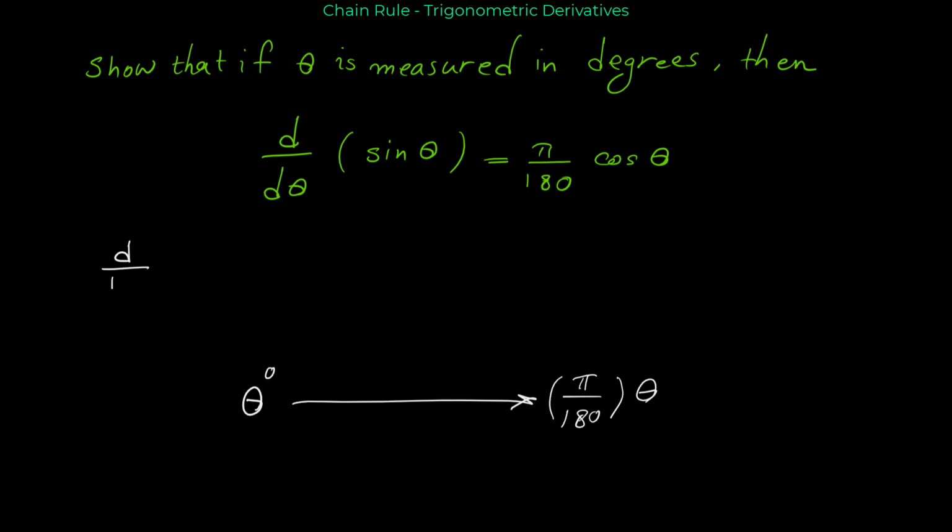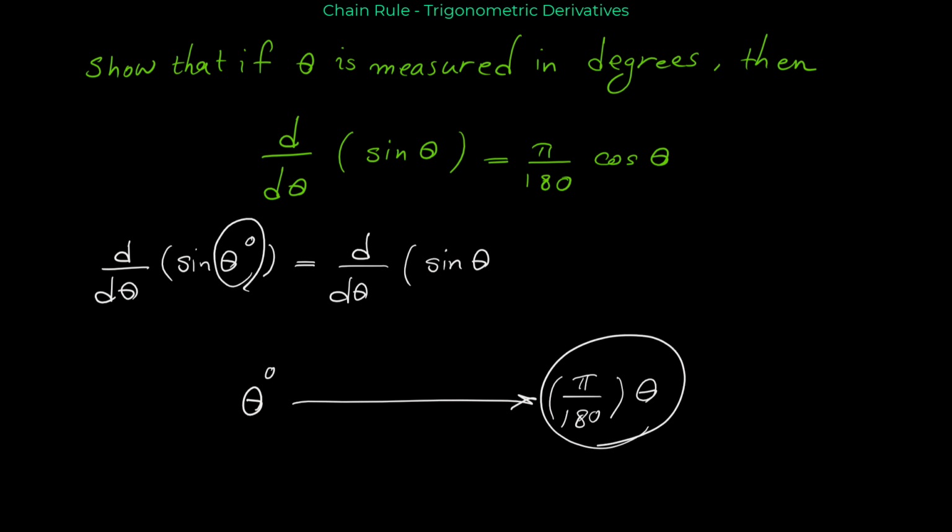For finding the derivative of sine of theta, where theta is measured in degrees, first we convert the angle from degrees to radians. How? We multiply theta by pi over 180.